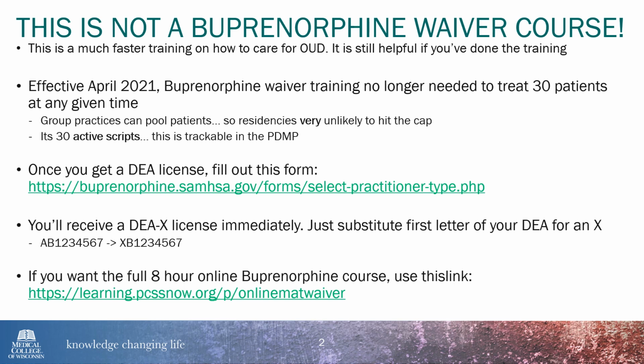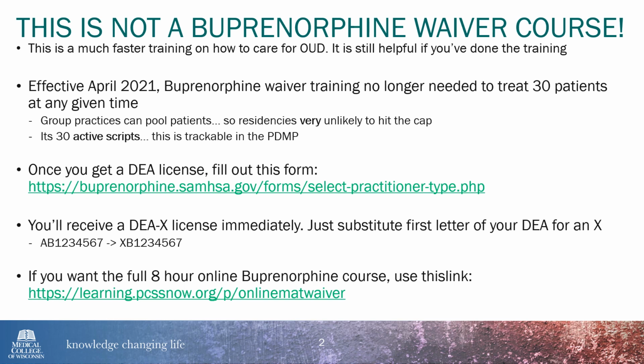In order to start prescribing buprenorphine, all you have to do under the current law is Google buprenorphine NOI form, and that will bring you to the SAMHSA website that lets you fill out a very quick online form, takes 10 minutes, and then you'll get your DEA-X license, which they just changed the first letter of your DEA license to an X. And then you can immediately start treating people that need this help for opioid use disorder.